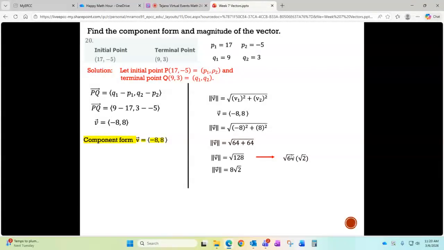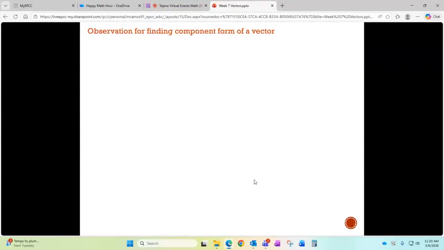So square root of 64 times square root of 2. I chose these factors because there are other factors of 128, but square root of 64 is a perfect square. Square root of 64 is 8. So that's where I get the 8 and the square root of 2. So keep that in mind. If you need to review, come see the tutoring centers so we can look at how to simplify a root. Okay, but that would have been the answer right there for the magnitude.